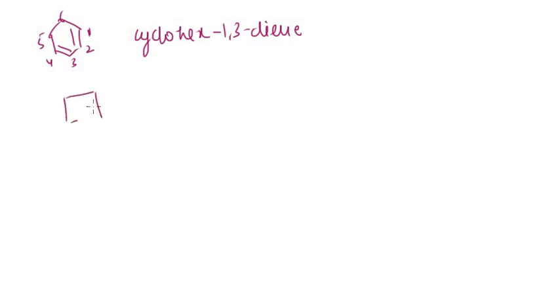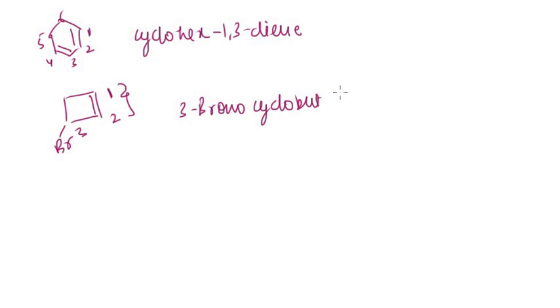Let's say I have a substituent over here. Now 1 2 3, the main suffix is alkene. Now 3 bromo cyclobute 1,3 diene. Now let's say we have chlorine over here and chlorine over here.